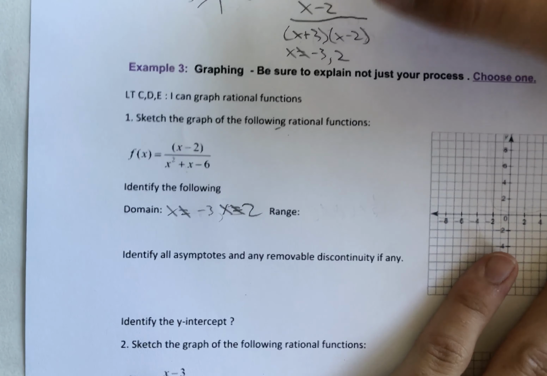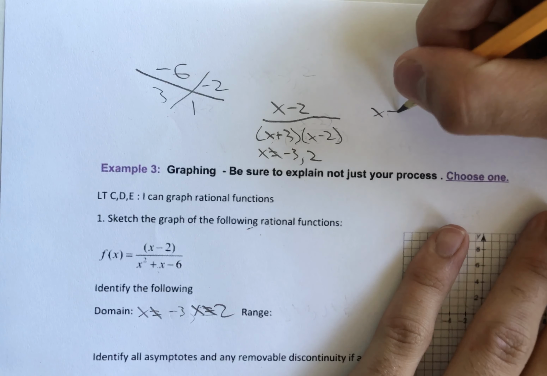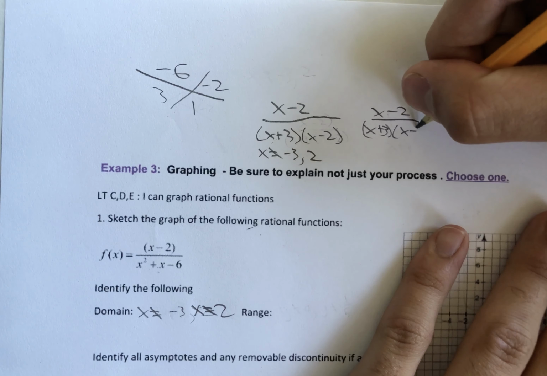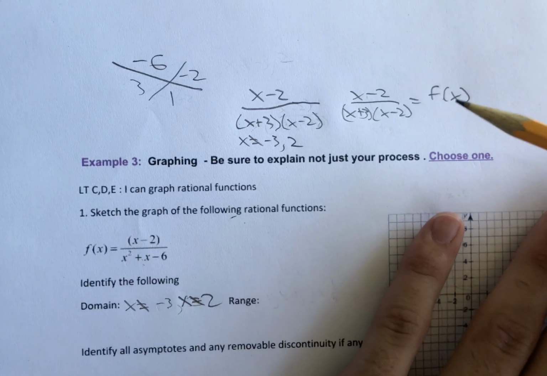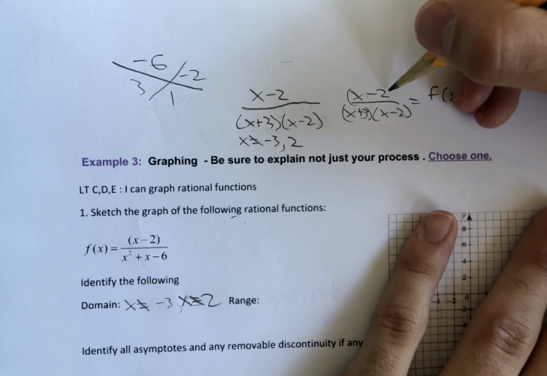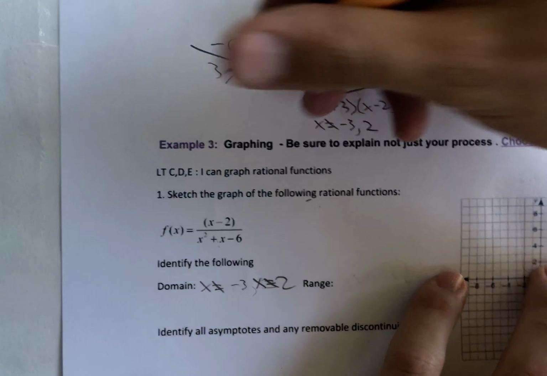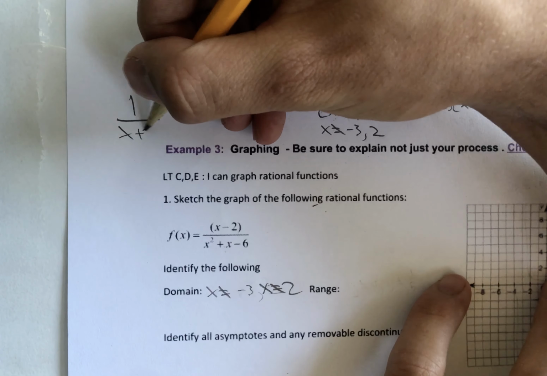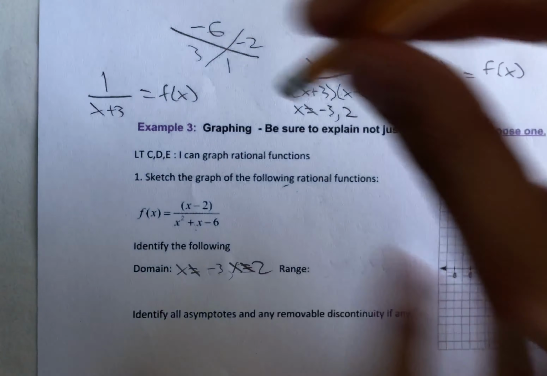Okay, so we have this equation up here, and we can actually simplify it further. Since there's the x minus 2 on the top and on the bottom, we cancel this out so that in the end, it will look like 1 over x plus 3 equals f of x.